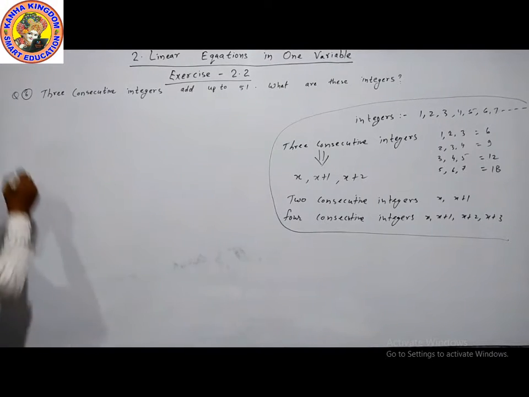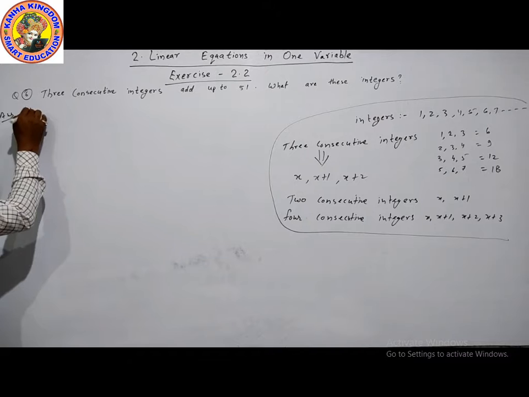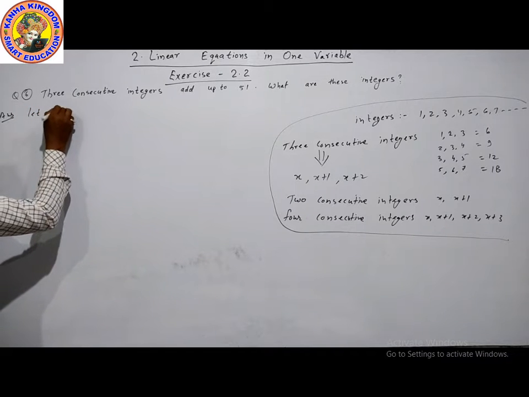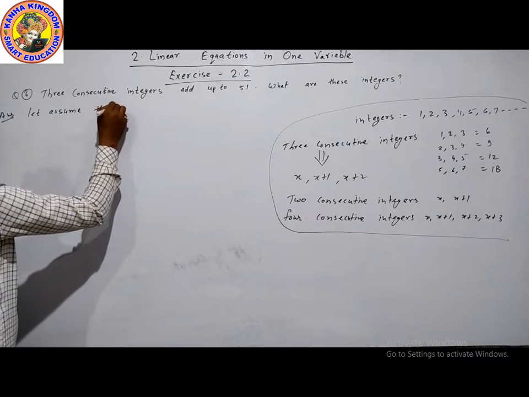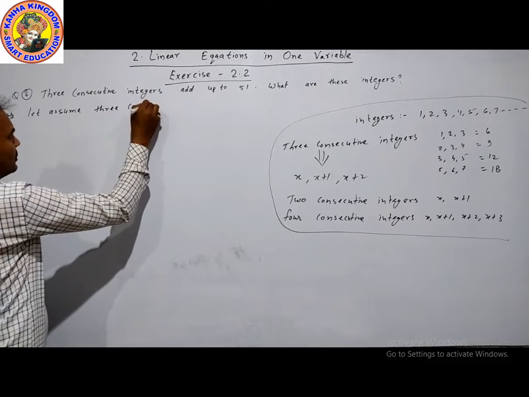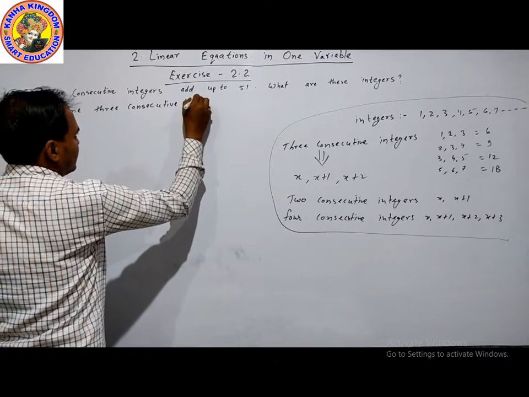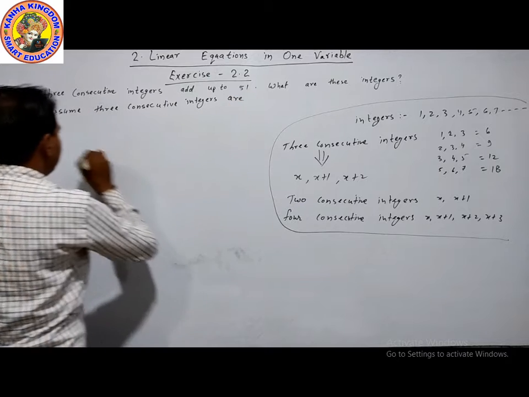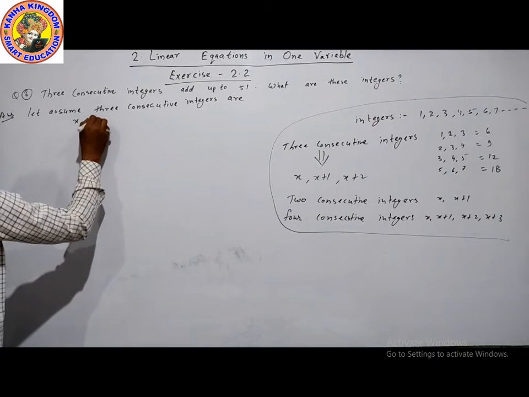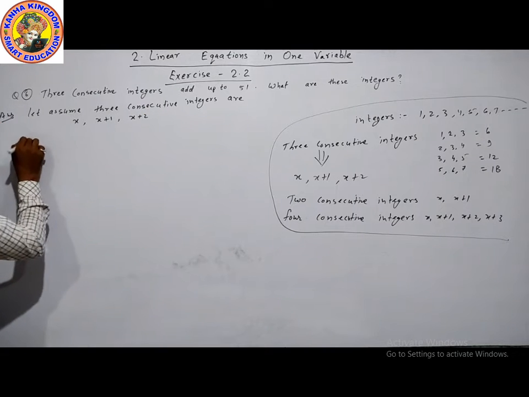Now for the answer, let us assume 3 consecutive integers are x, x plus 1, x plus 2.